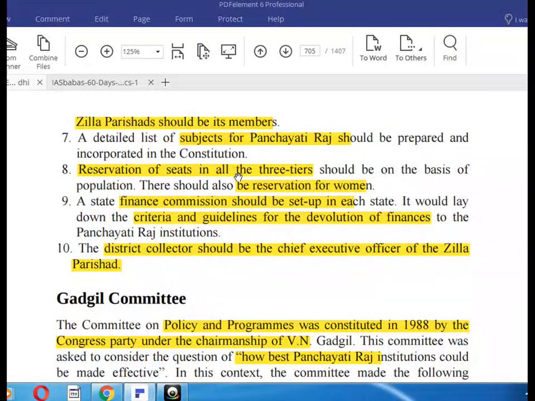Reservation of seats in all three tiers should be on the basis of population. There should also be reservation for women. A state finance commission should be set up in each state. It would lay down the criteria and guidelines for the devolution of finance to Panchayati Raj institutions. The district collector should be the chief executive officer of the Zila Parishad.